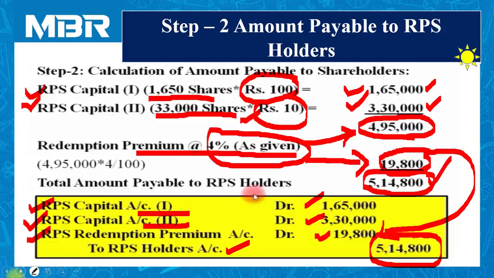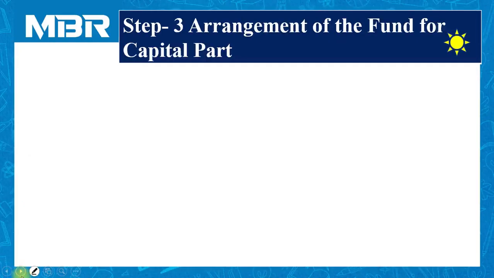After discussion of the amount redeemable to the RPS holders, let us move to the most important part of our calculation. That is step number 3, arrangement of the fund for capital part.